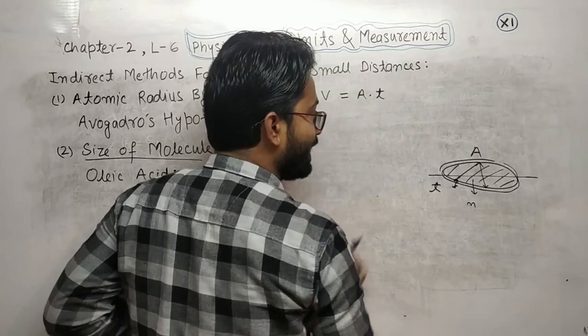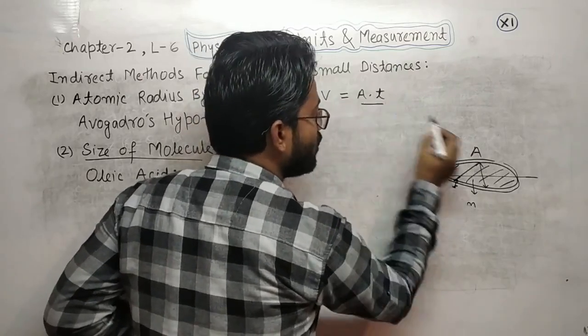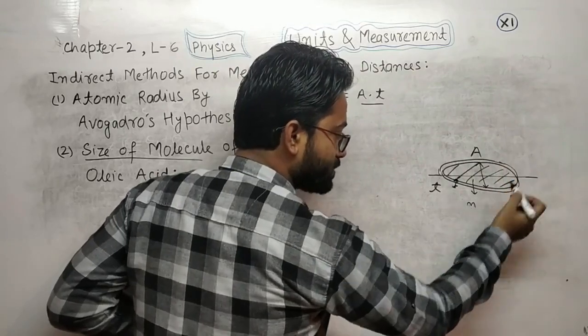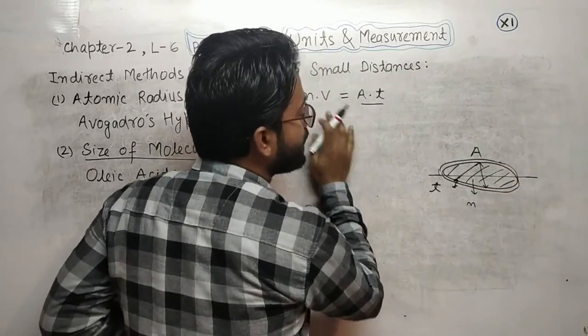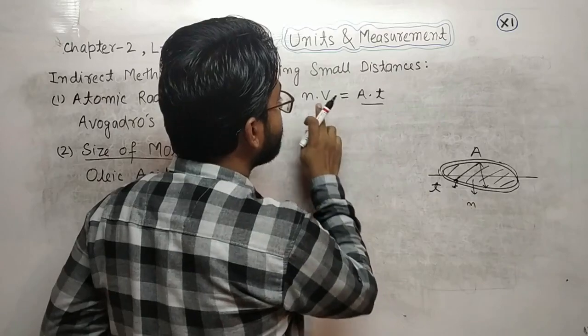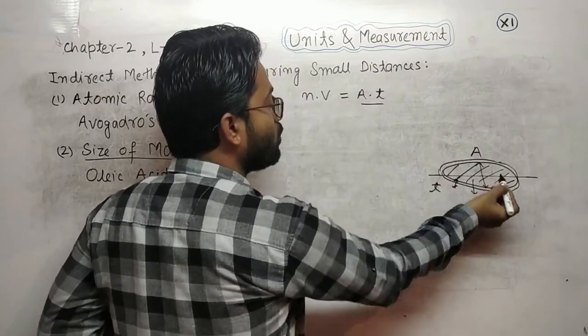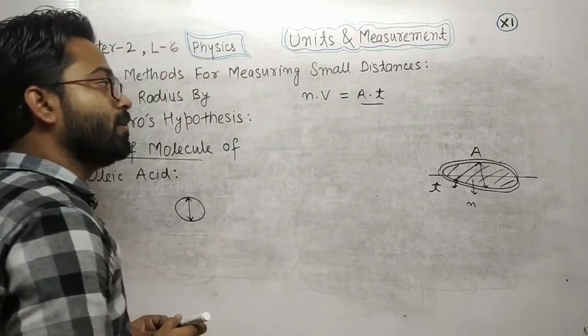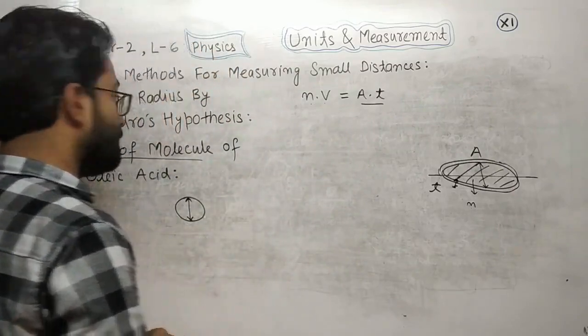Area into thickness is the volume of the oleic acid solution, and V is the volume of one drop. If there are n drops, the total volume of the oleic acid solution will be equal to n into V.